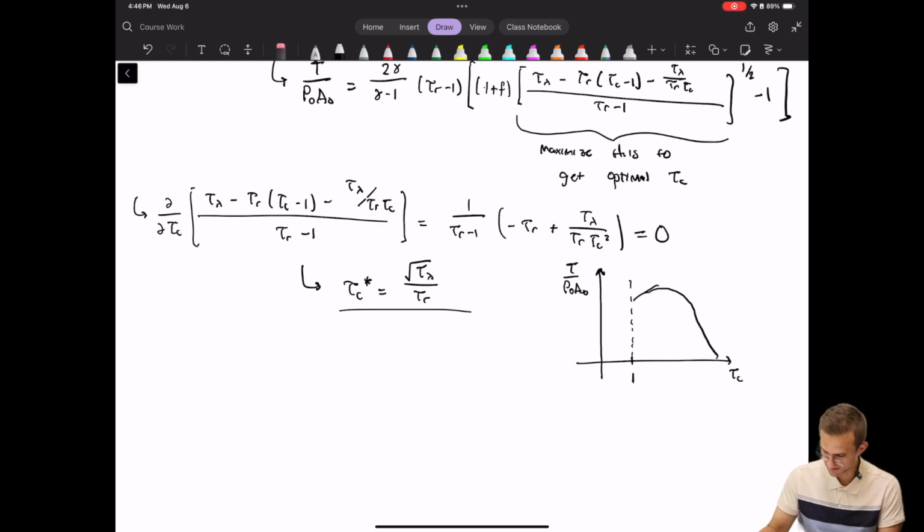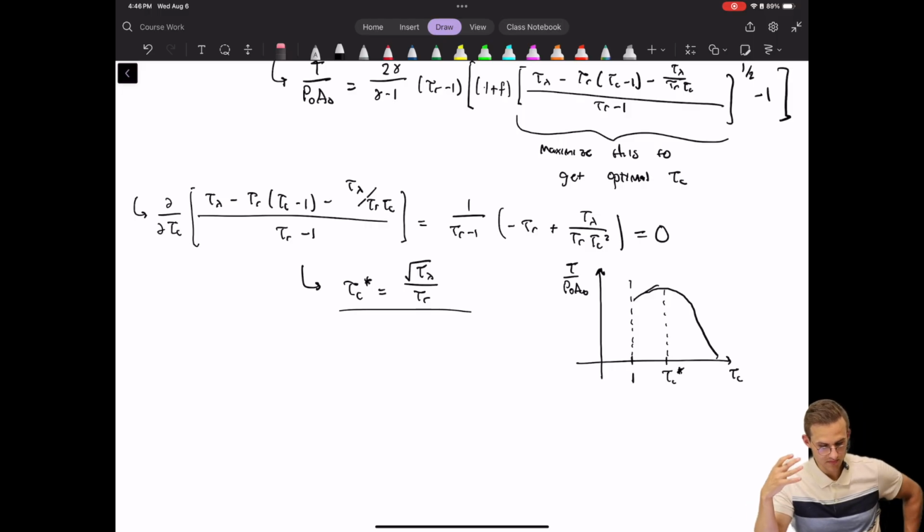Okay, and so your maximum, tau C star, lives right there. Okay, and so a lower Mach number increases the optimal compressor ratio. So in other words, at a lower speed, the compressor needs to work harder. That sort of matches what your intuition should tell you.